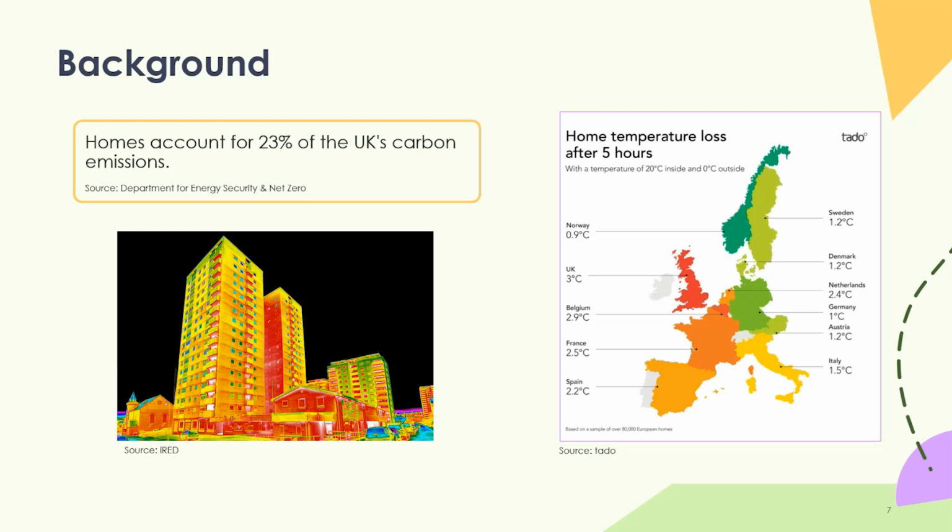And you can see that the UK has, on average, got the highest levels of heat loss after 5 hours. So our homes lose heat faster, which is bad because that means we've got to burn more fuel, and that costs money and that costs carbon. So that's a big challenge for us.